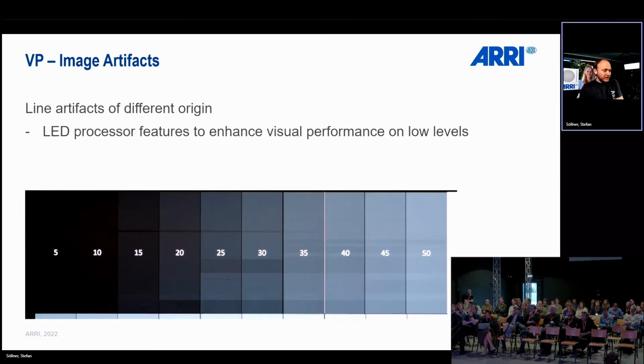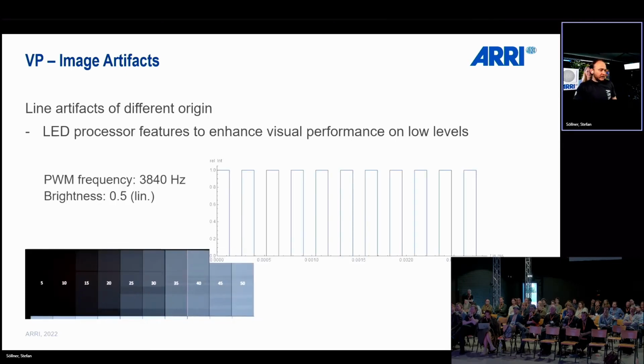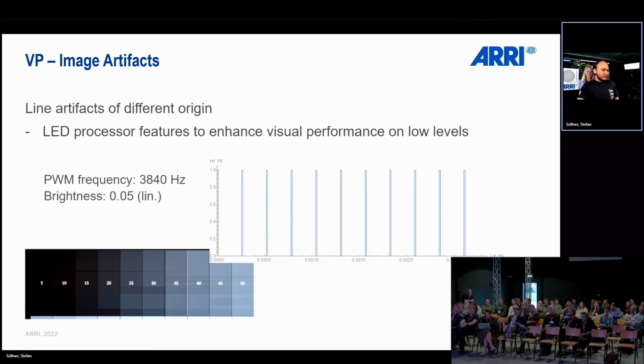We just heard what PWM is. I think you know that already. So for example, if I have a base frequency of 3,800 Hertz here, and I have a brightness of 0.5 in a linear space, you can see that half of the time the LED is on, the other half of the time the LED is off. If I decrease the brightness, you can see the on time is shrinking to a very short amount of time.